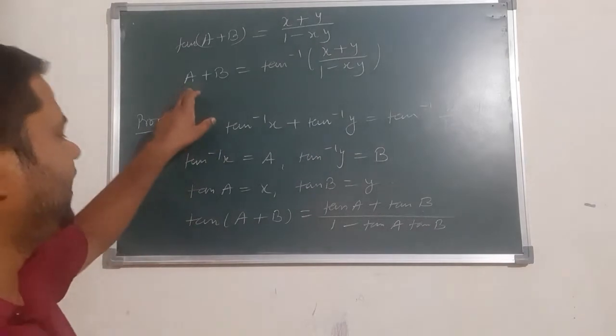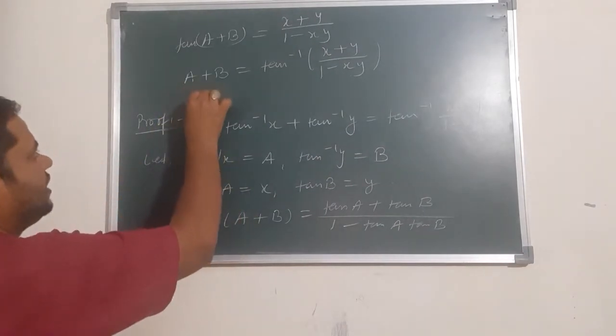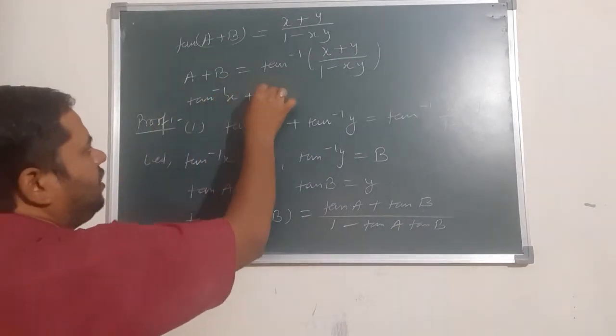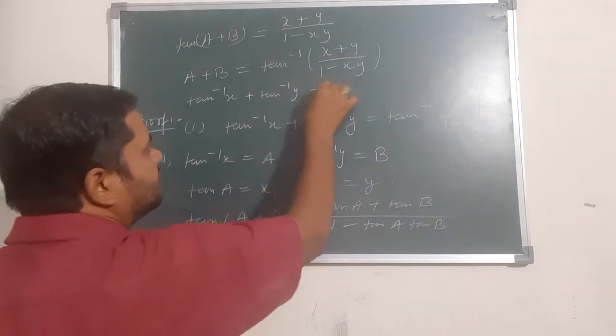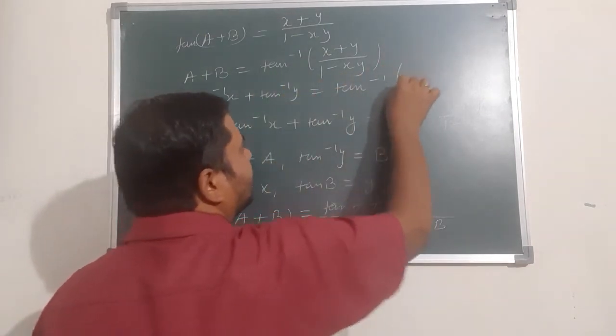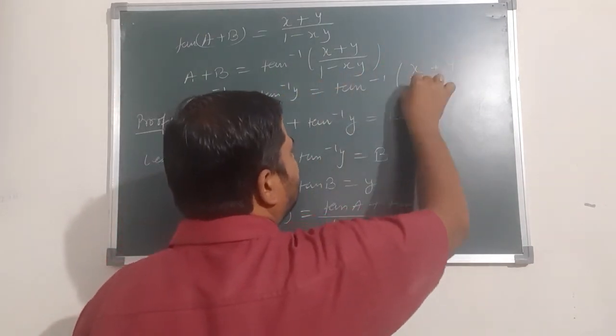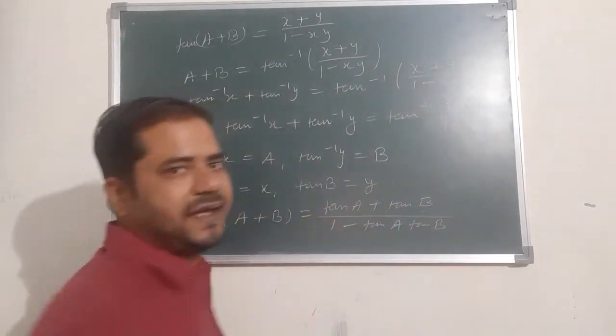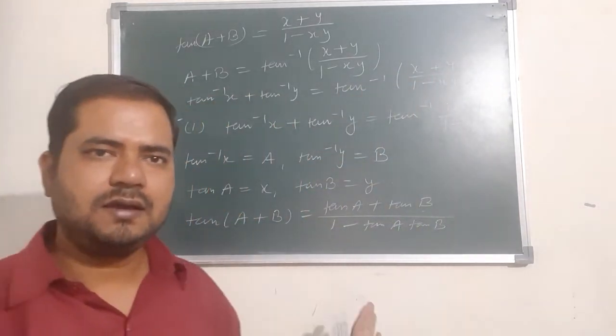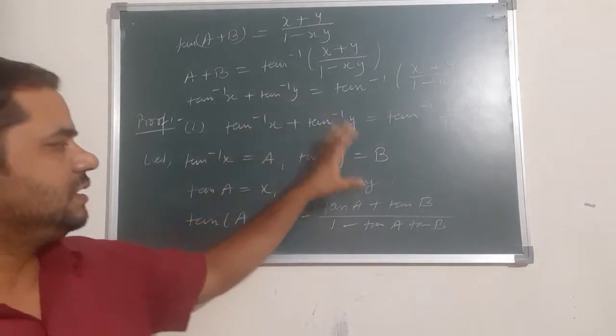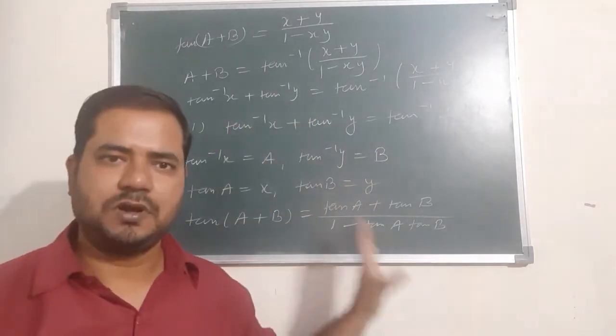And a is what? Tan inverse x, and b is what? Tan inverse y. So this is nothing but tan inverse of x plus y upon 1 minus xy. Clear? So this is the proof of the first property.